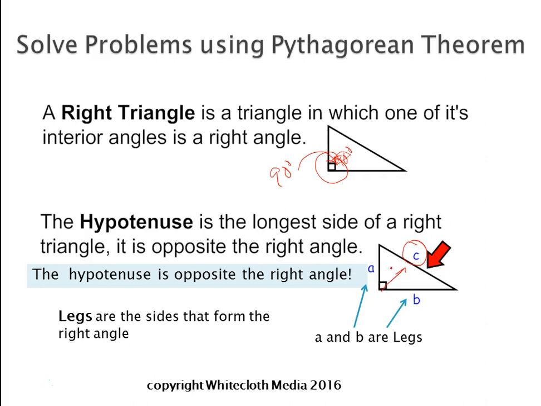So if there's ever any doubt which side is longest, the side opposite the right angle is always your hypotenuse. And the 2 legs are the sides that form the right angle. When these 2 legs come together, they're forming the right angle.